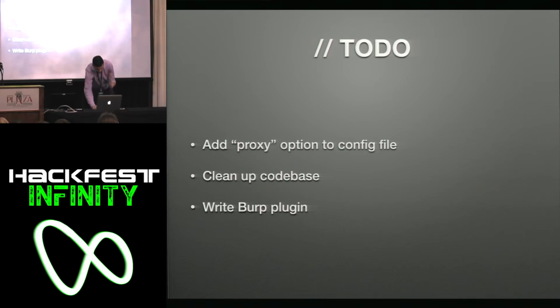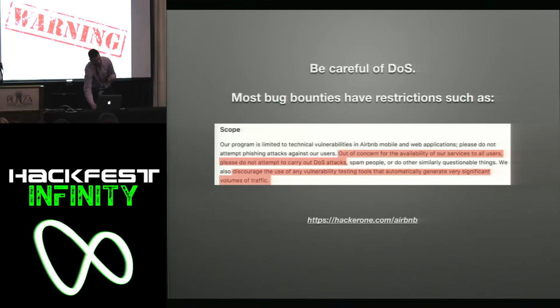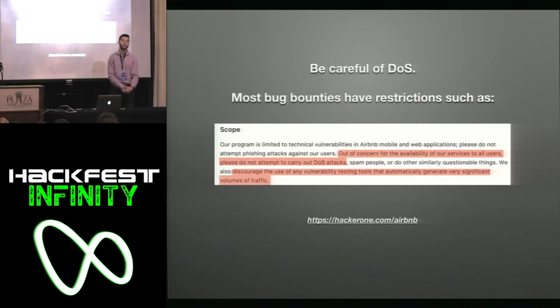So a few things to note, actually one main thing to note when you're testing for race conditions, a key thing you want to be aware of is denial of service attacks, because you're sending a bunch of traffic to an endpoint all at once. So if you're dealing with bug bounties, a lot of them have in their scope that they don't want things like denial of service attacks, and they don't want any vulnerability testing tools that automatically send significant volumes of traffic.